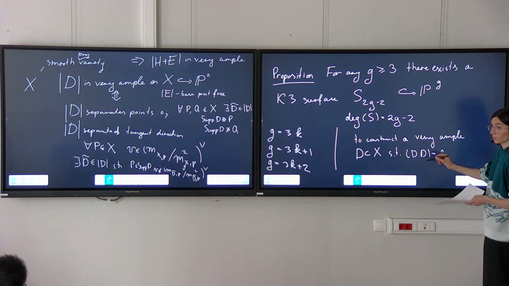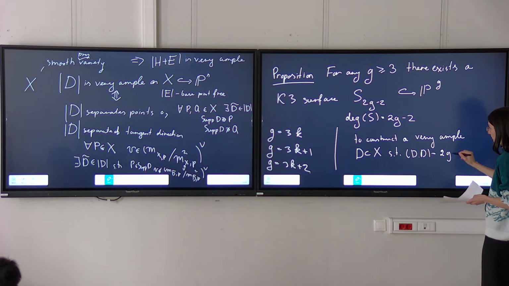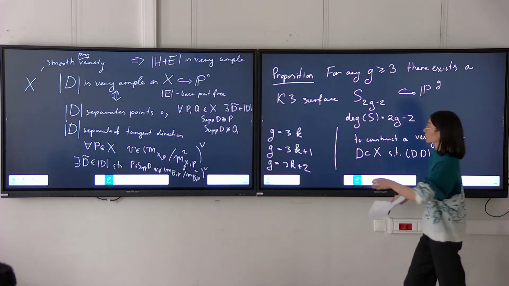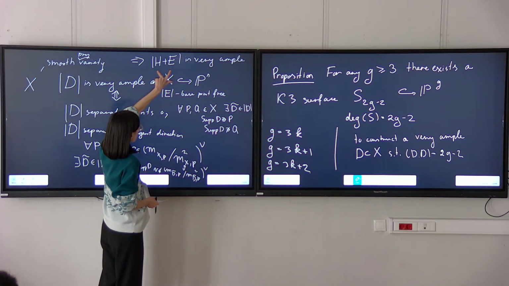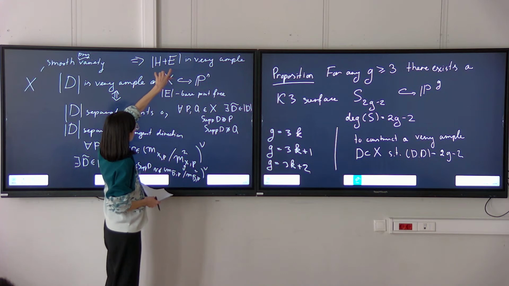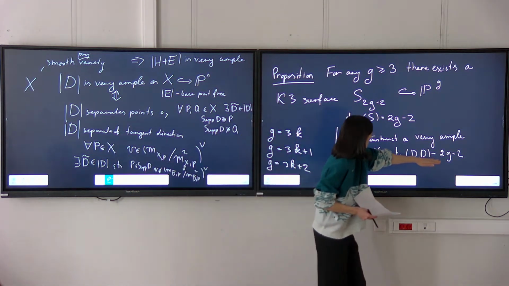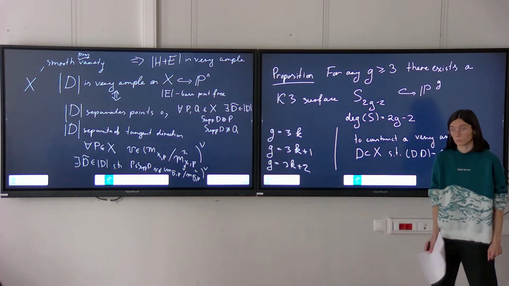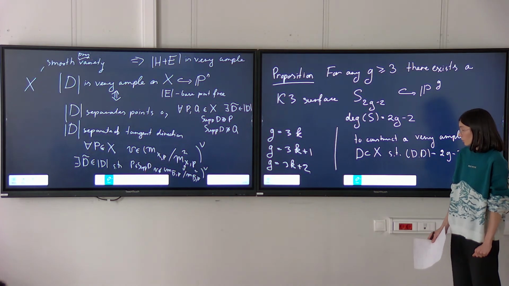From the above, what we discussed, we need to construct a very ample divisor with self-intersection 2g minus 2. And using this, in each of these cases, you will construct a very ample divisor in such a form that has this self-intersection. I will send it to you on the weekend. Okay? So thank you very much.